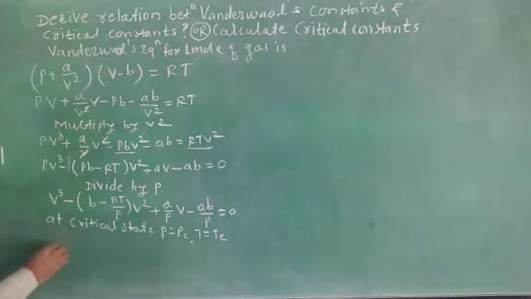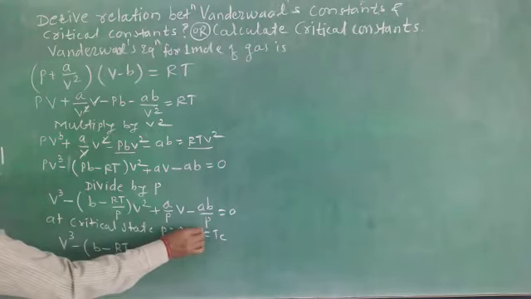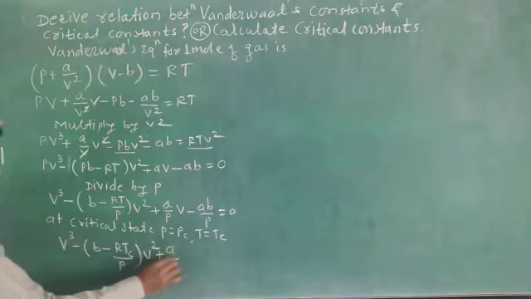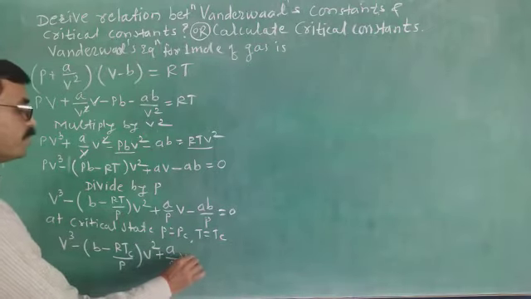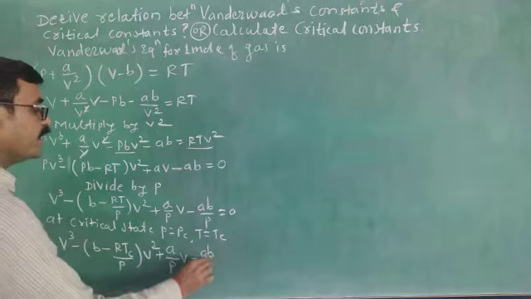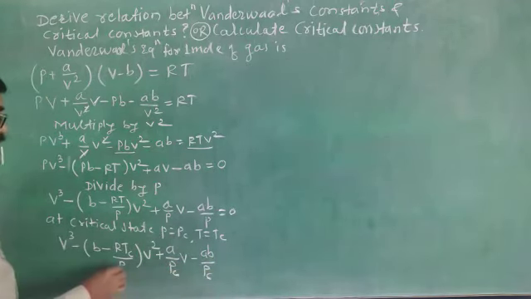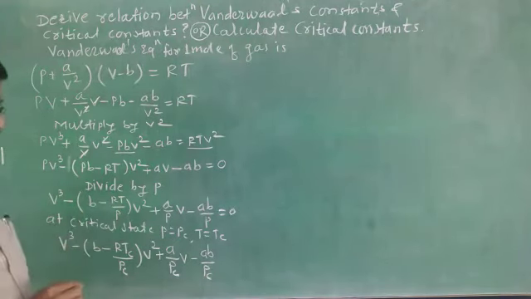That's why the above equation becomes V cube minus (b plus RTC upon PC) into V square plus a upon PC into V minus ab upon PC. Here instead of P you have to write PC, and instead of T you have to write TC.